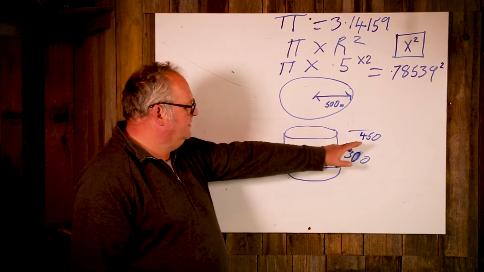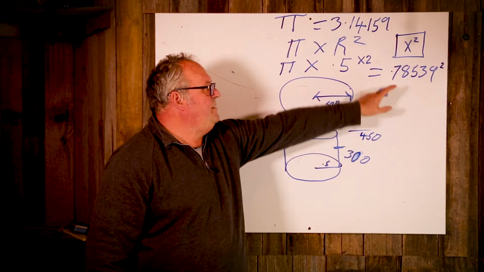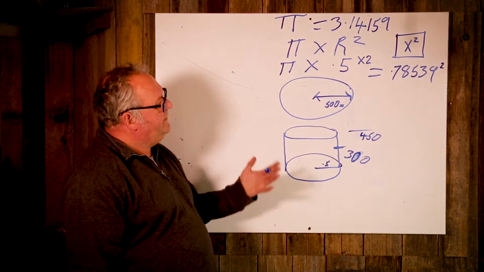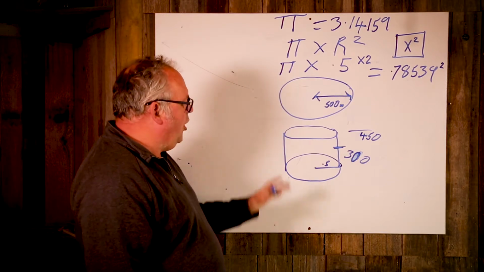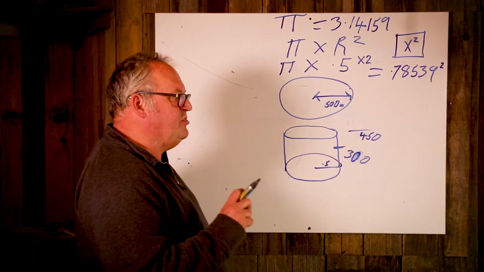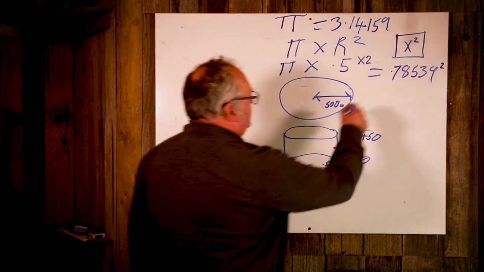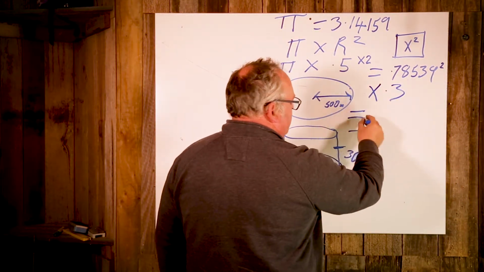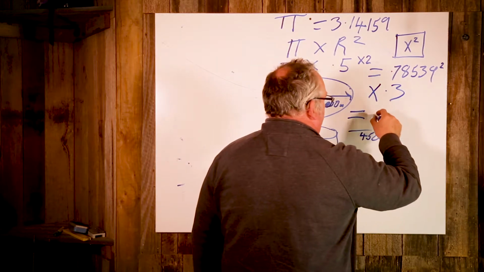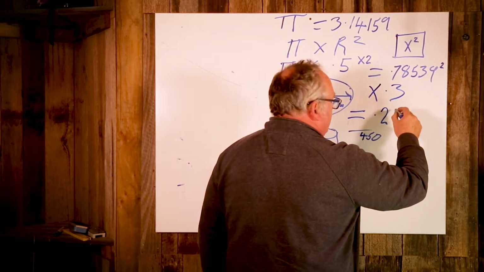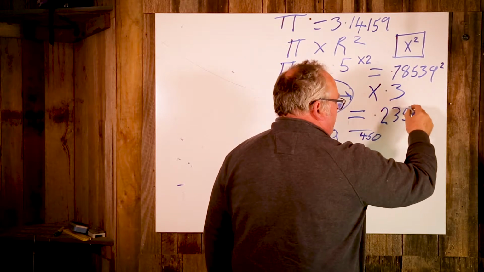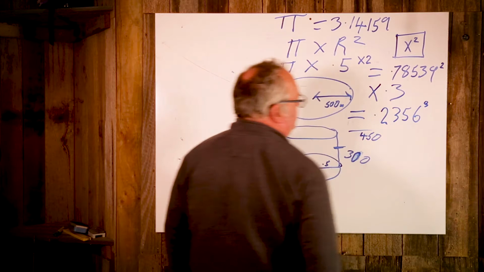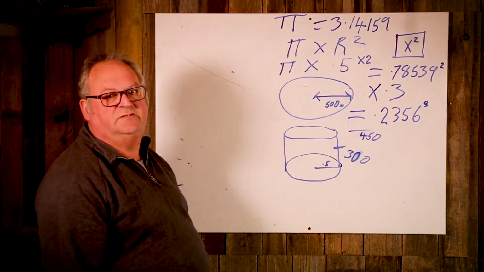So I've got the square metres, so it goes 0.78539 times 0.3, and that equals 0.2356 cubic meters.